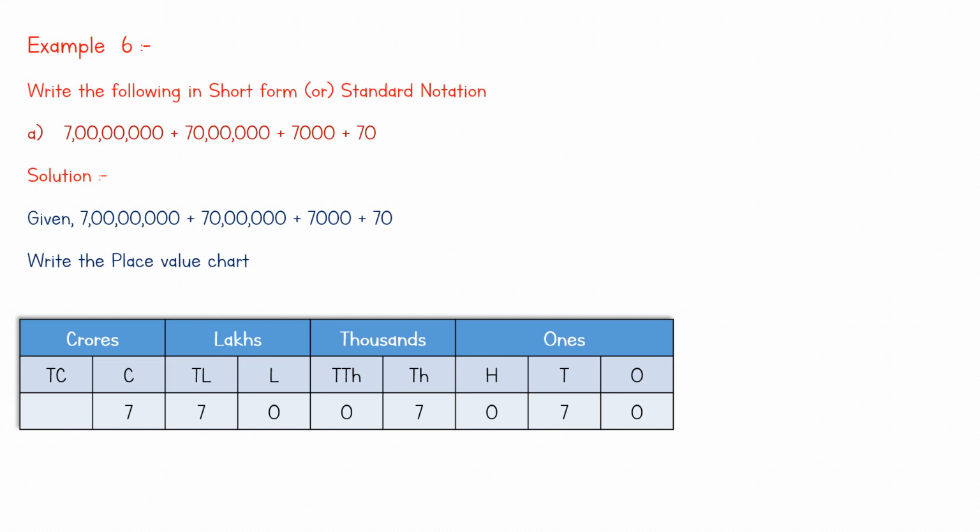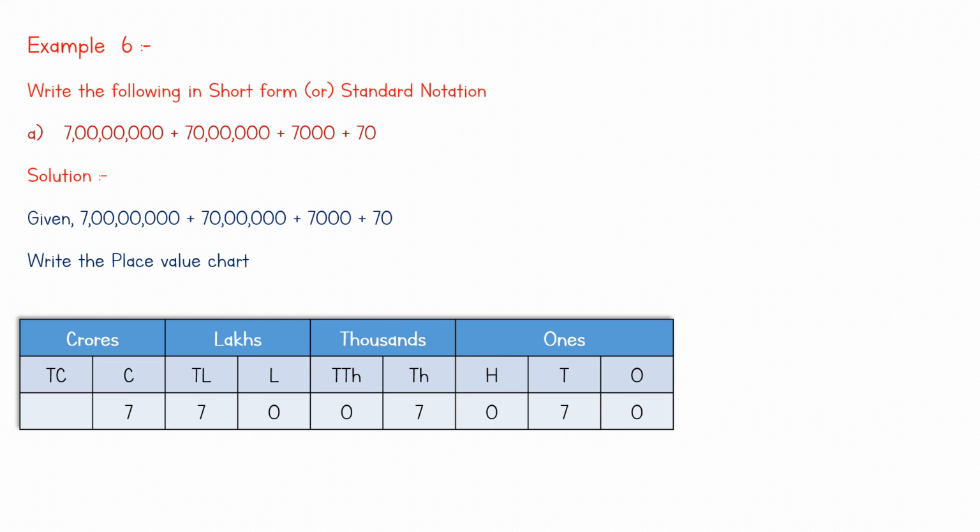Here the ones place is not there, so in the ones place write 0. Then 70 is there, so 7 into 10, that is in the tens place write 7. In the hundreds place there is no number, so write 0. Then the thousands place, 7 into 1000, so write 7. Then the 10,000s place: is there any number?